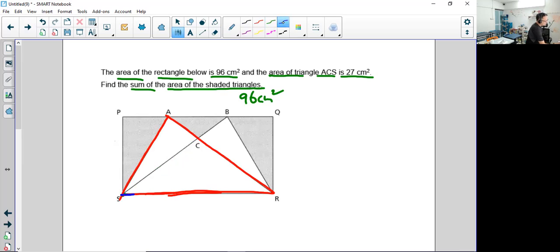I draw the same base, and the height of the right angle triangle, how do I draw the height? It will be here. This is the height. Why is that the height? Because when you look at the right triangle, the height is here, that's where you see the height of the right triangle.